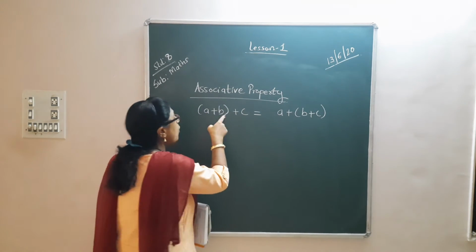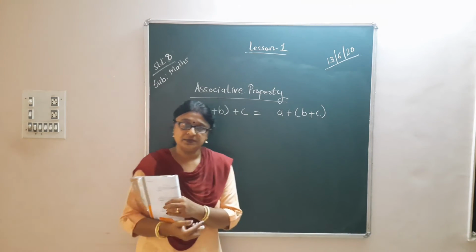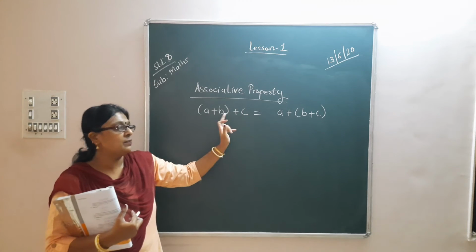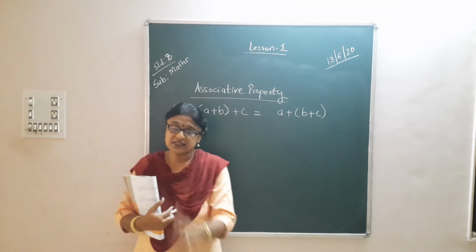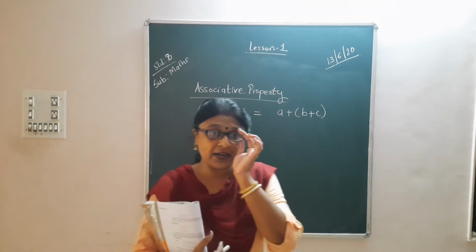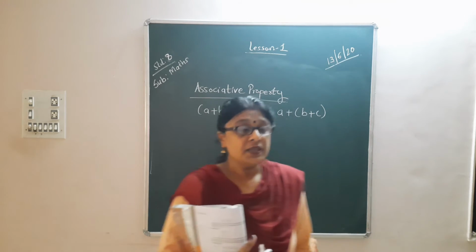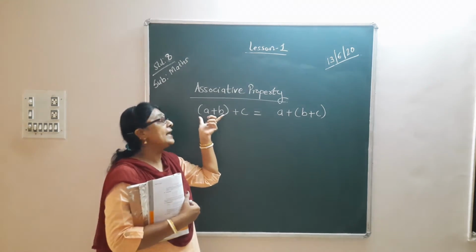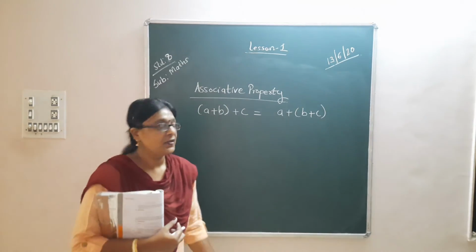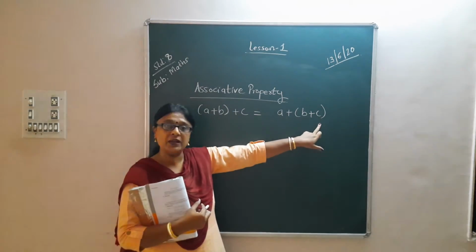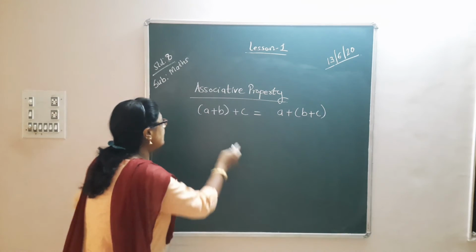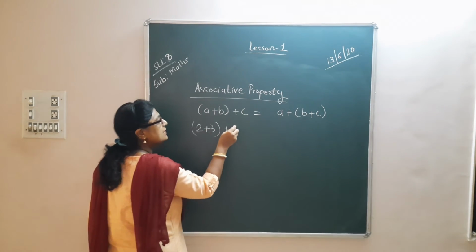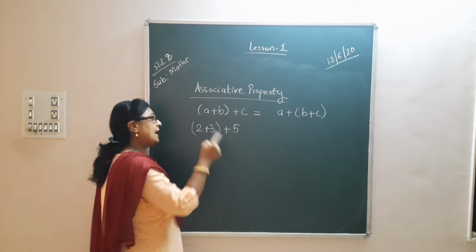So children, what does this bracket suggest? Can anybody tell me what this bracket suggests? Yes, the bracket means we have to perform a plus b first, and here we have to perform b plus c first.